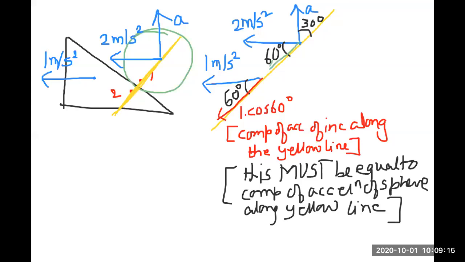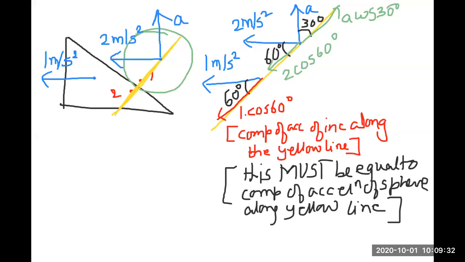Well, it is ये 2 मीटर पर सेकेंड स्क्वायर का तो 2 cos 60 आ रहा है इधर, लेकिन ये आ रहा है a cos 30 ऊपर की तरफ, राइट? Very good. Yes, Parth.